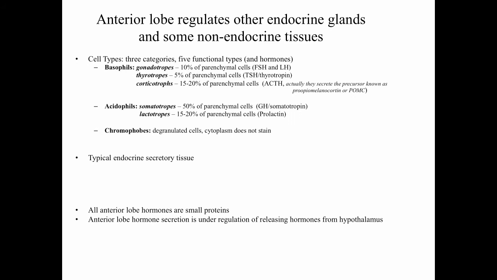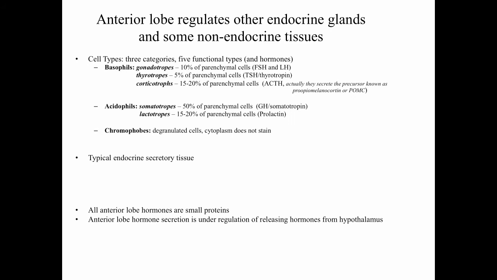They were defined earlier, maybe middle of the 20th century, when we did not have the ability to do cytochemical stains for the different hormones, and they were defined basically on staining characteristics. So we talk about basophils staining basophilic, acidophils staining acidophilic, and chromophobes having no stain at all.